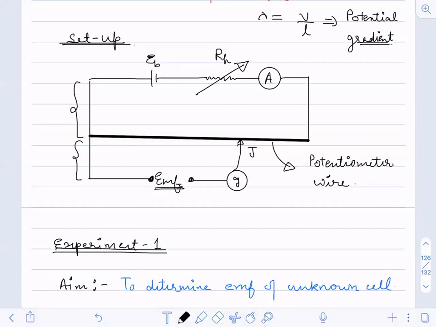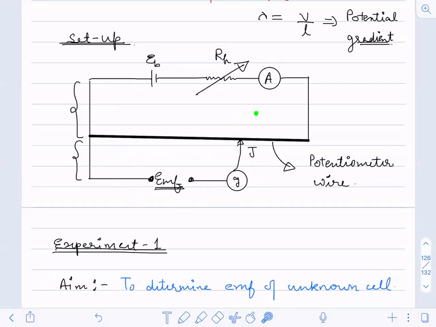We can compare two EMFs. We can also find out the internal resistance. All those things will be connected in this circuit.